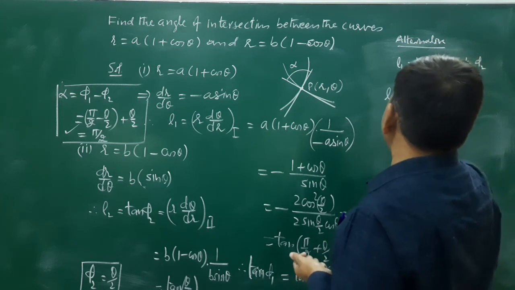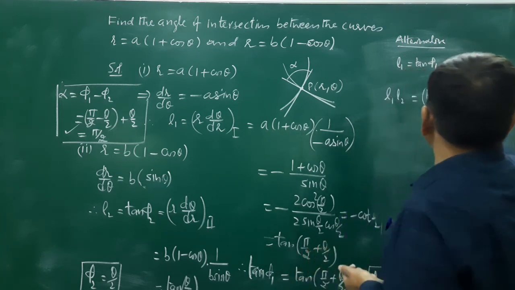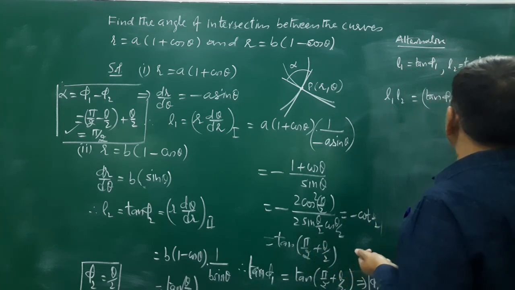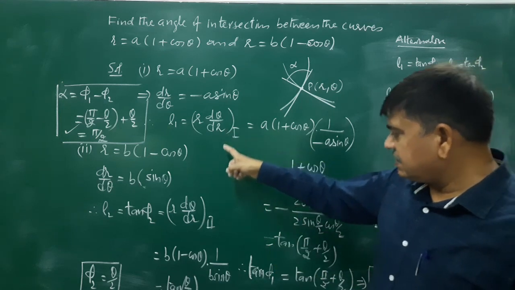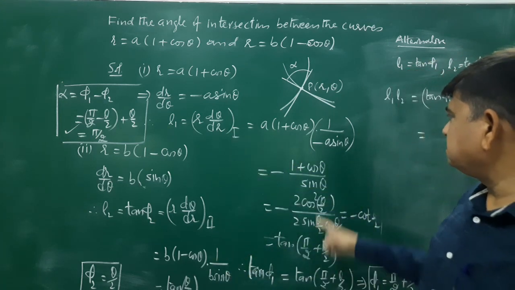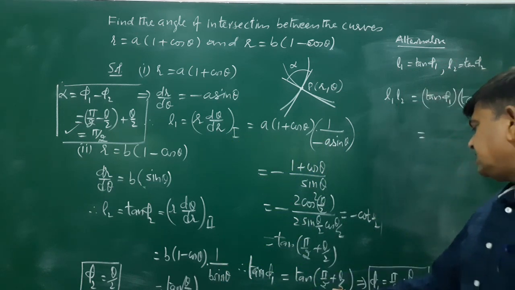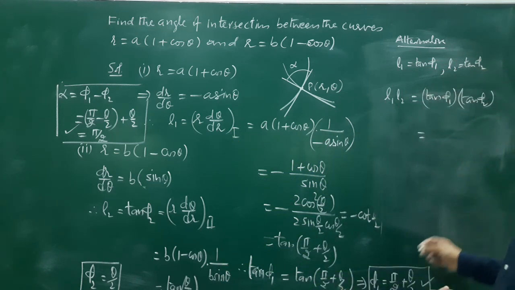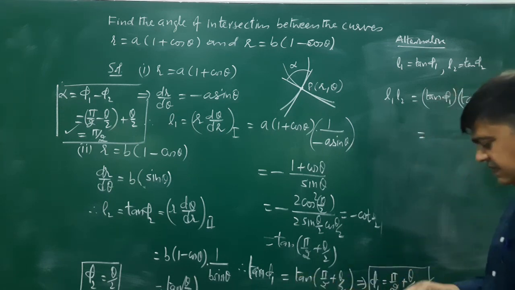So L1 L2 is tan phi 1 tan phi 2. What is tan phi 1? Here it is. Tan phi 1 is tan of pi by 2 plus theta by 2. So this is minus cot theta by 2.